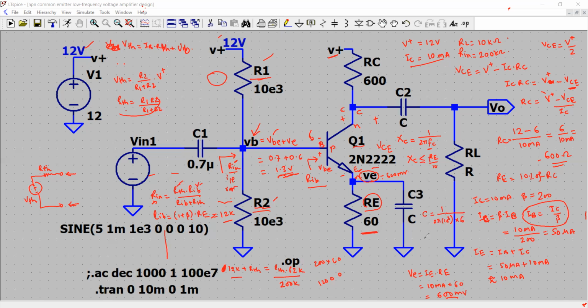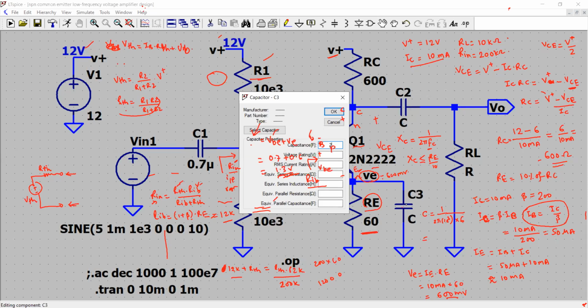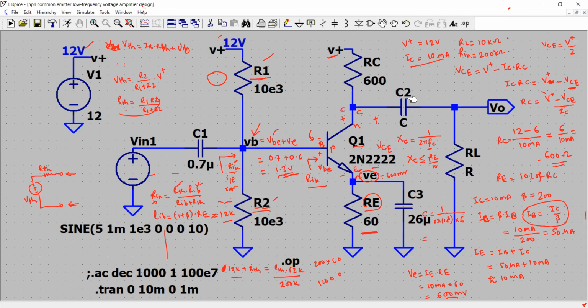That is how you have to calculate. Let's calculate that and plug in the value right here. It comes out to be 26 microfarad. Let me write that: 26 microfarad, or just mu. That's it.